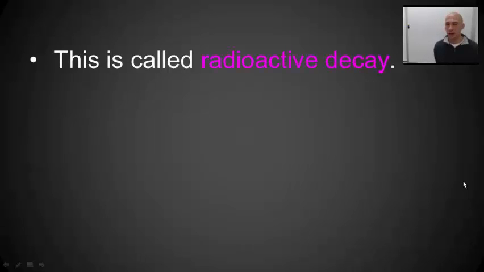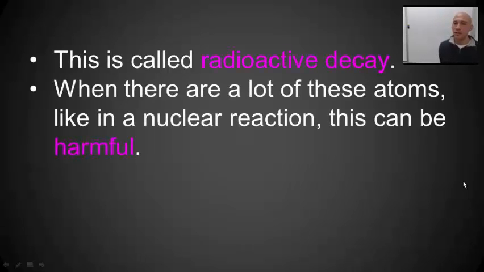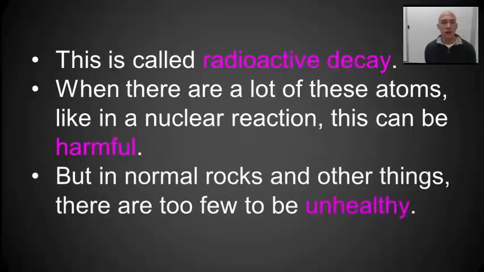This is called radioactive decay. When there are a lot of these atoms, like in a nuclear reaction, this can actually be very harmful. But in normal rocks and other things, there are just too few to be unhealthy. So it's perfectly normal.